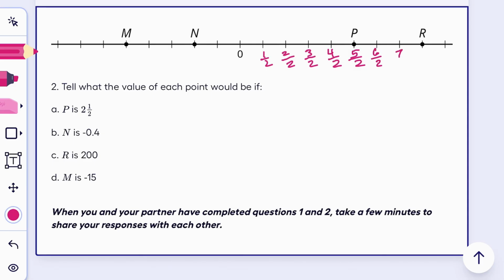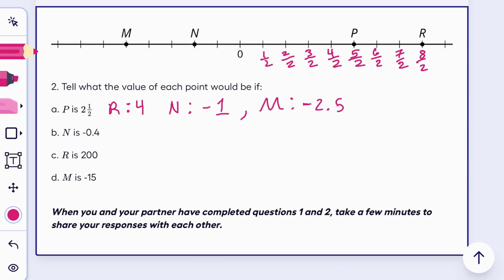Six halves, 7 halves, 8 halves. So that means R would be 8 divided by 2, which is 4. N would be -1. M would be -2.5. And that makes sense because it is the opposite of P.